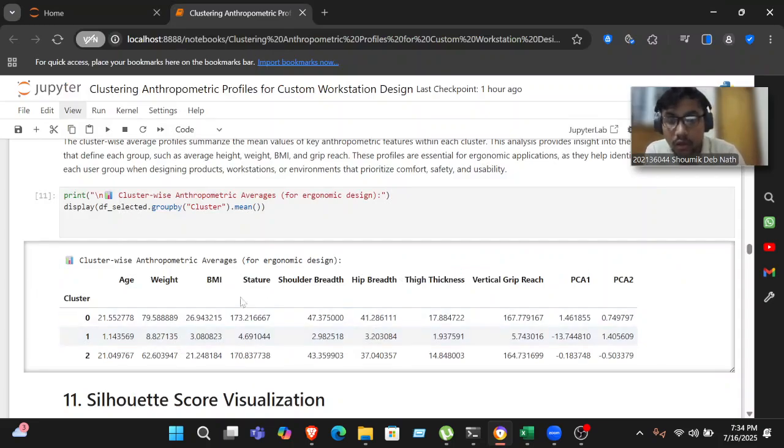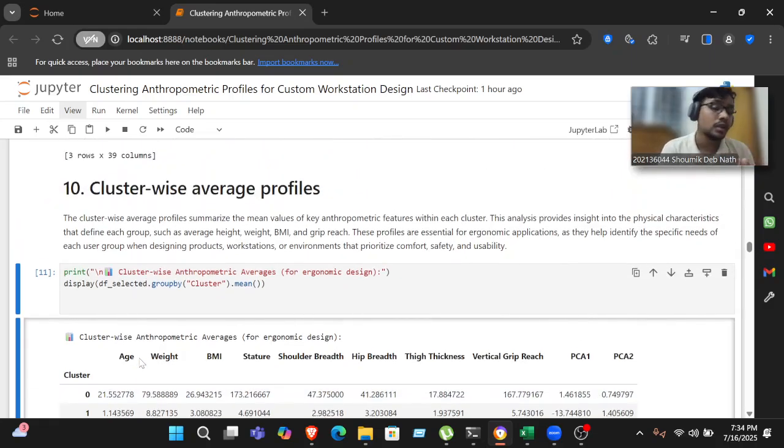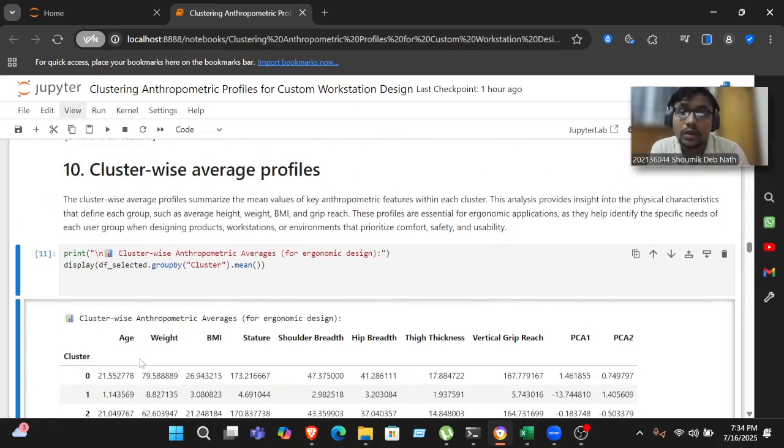All these numeric values, as you can see, are the averages which I have conducted for a detailed assessment. The cluster-wise average profile summarizes the mean values of key anthropometric features within each cluster.